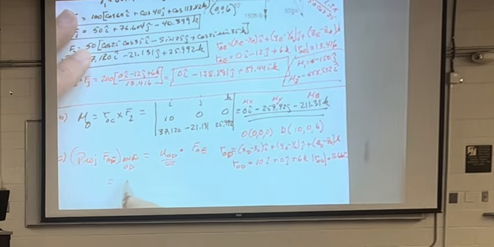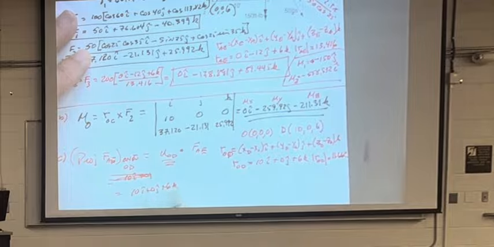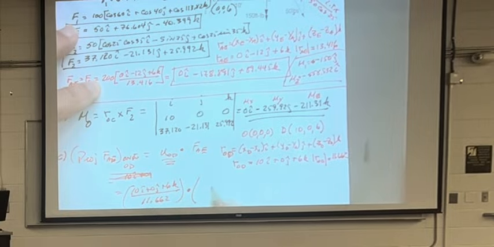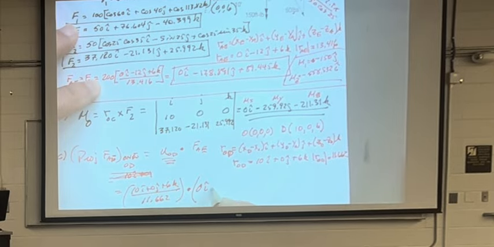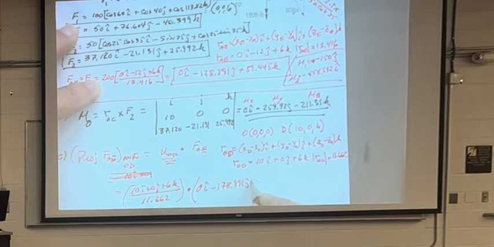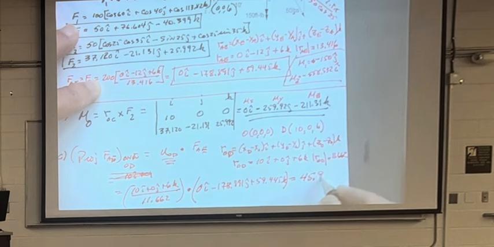So here, I'm going to say 10I plus 0J plus 6K, divide this by 11.662, and I'm going to dot that with F3 or FAE, 0I minus 178.891J plus 59.445K. That's going to give me a value which is a scalar, 45.97.